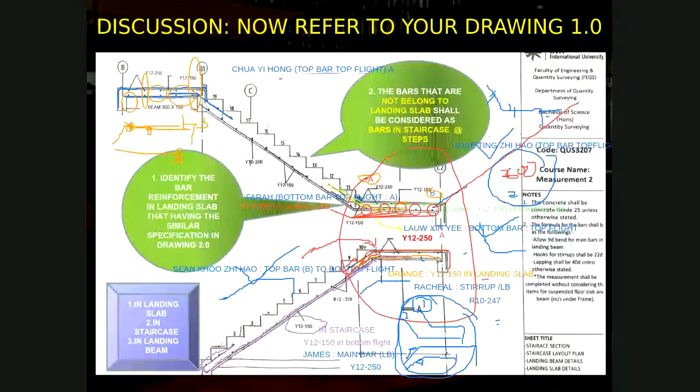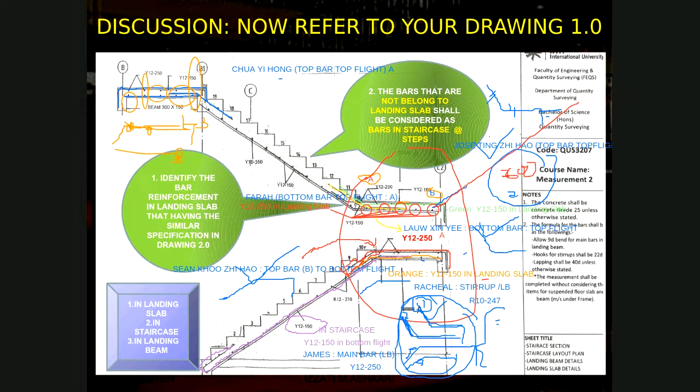Okay, now if I would like to identify the numbers of the bar for this one, what is the numbers of the bar? Make sure you only measure according to the width of the staircase. You cannot measure by referring to 2600 for these numbers of the bar. Why? Because we are referring to the bar that is attached with the staircase, so it must be according to the width of the staircase.